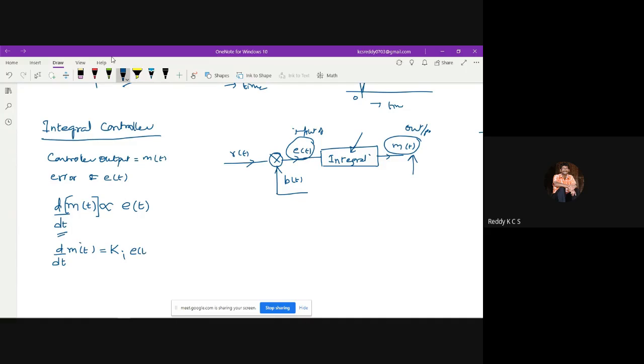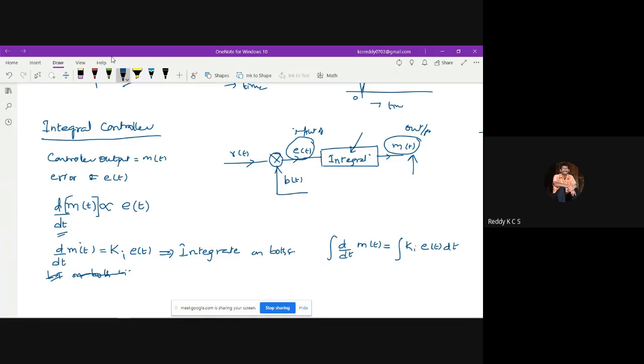Now we apply the Laplace transformation on both sides. But before that, since it is an integral controller, I'll integrate on both sides. I get the integral of d by dt of m of t equal to the integral of ki e of t dt.